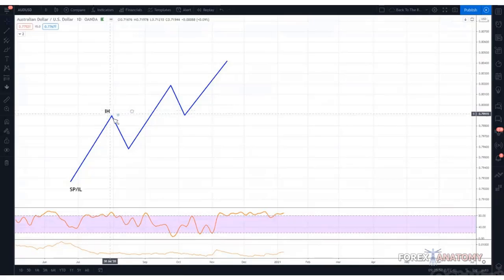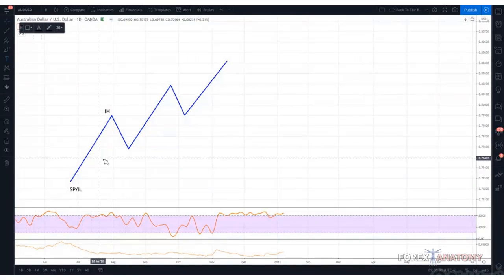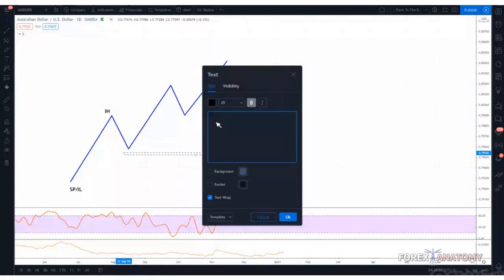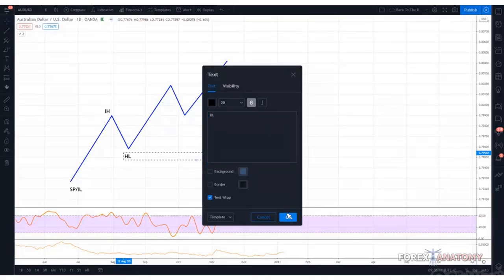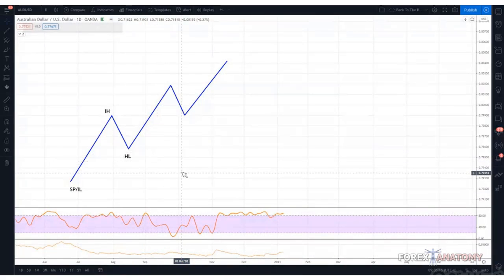So on this pullback, price forms what? Well, it forms what we would call HL, which means what? A higher low, right?